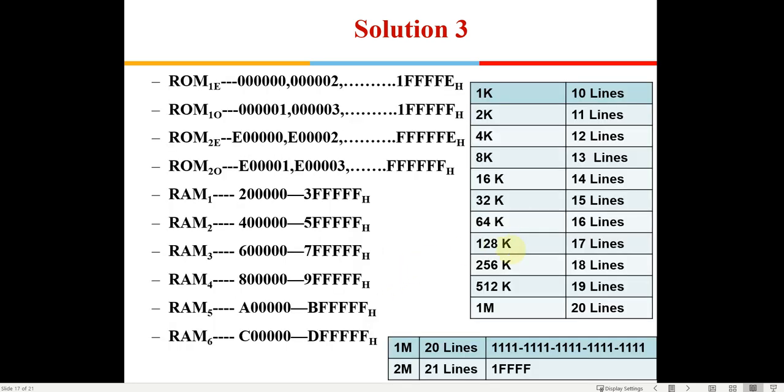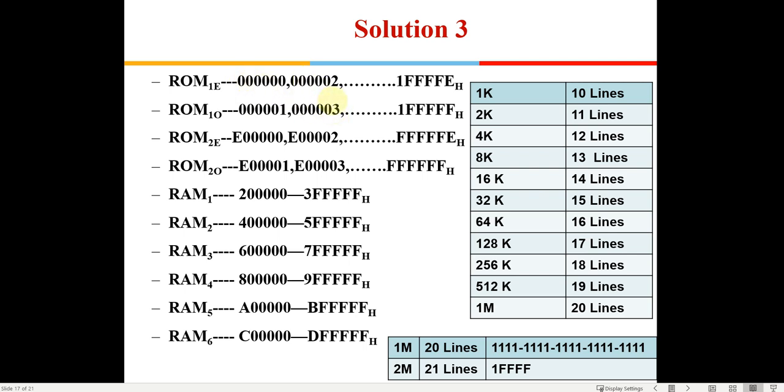Now if you see, each of them is 1 MB, but you are going to have an even and odd combination together, because this is an 80286. When you put two banks side by side, even and odd, each 1 MB, the total memory becomes 2 MB.